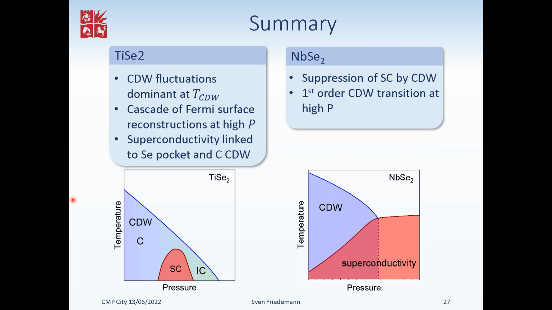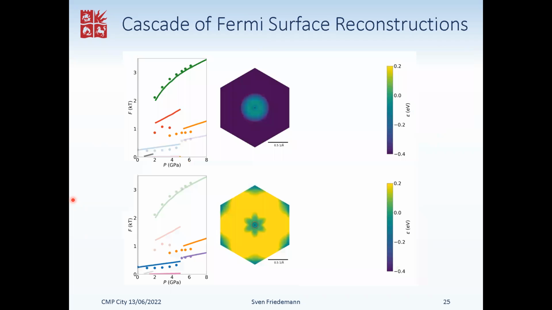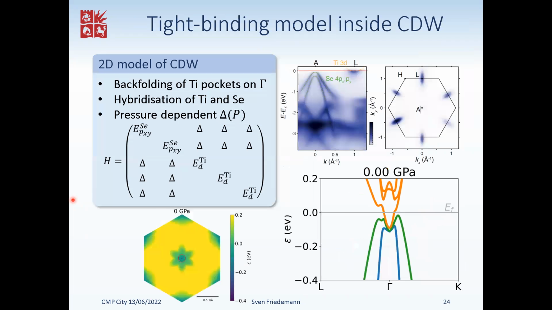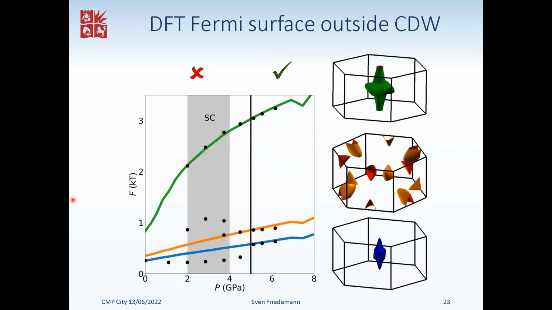Is it maybe possible to change the size of these small pockets that give you the excitonic mechanism, and see how this influences the CDW as well as the superconductivity? We do this as a function of pressure. The DFT as well already captures this, that the pockets grow at zero pressure.